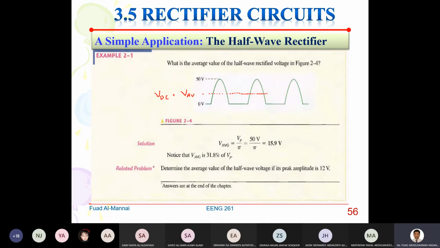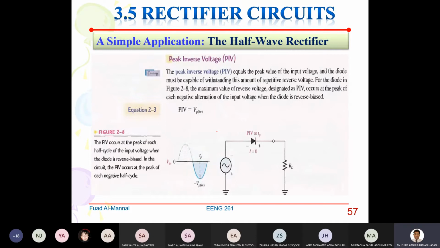Therefore VDC is equal to V average, and you just divide the peak value by pi, and that will give you 15.9 volt, which is about 31.8%, approximately 1/3 of the peak value. All right, guys. Any questions? Very easy. Very, very easy.